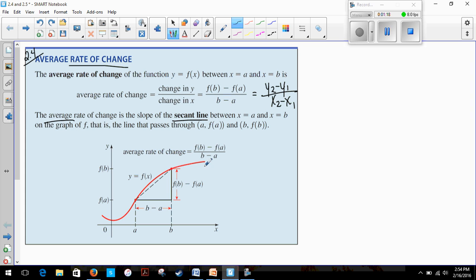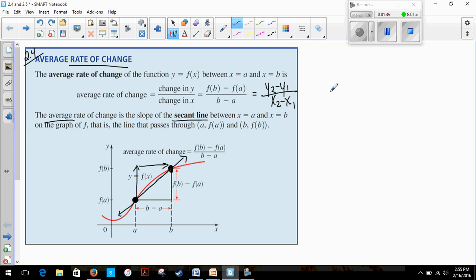So if f of x is my red function down here, and I want to know how much change happens between a and b, I can't find it out exactly in algebra, but if I draw in a nice little straight line like this, I can figure out how much I went up and how much I went over, and then that will give me my slope. And so we can use the formula, or I can just count it out on here.